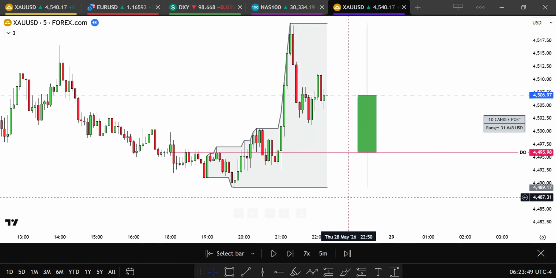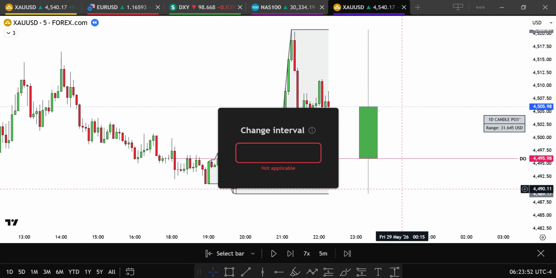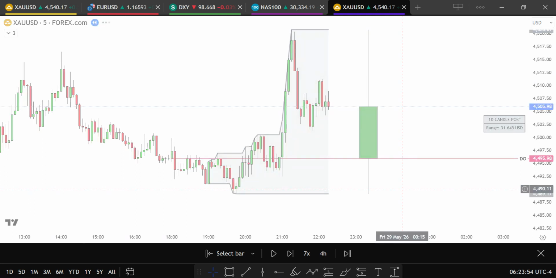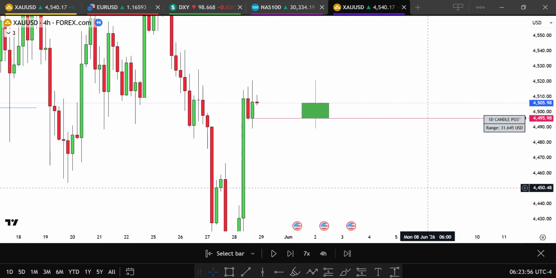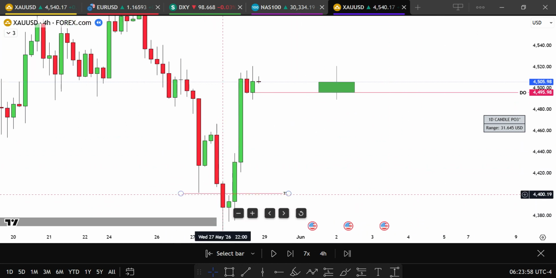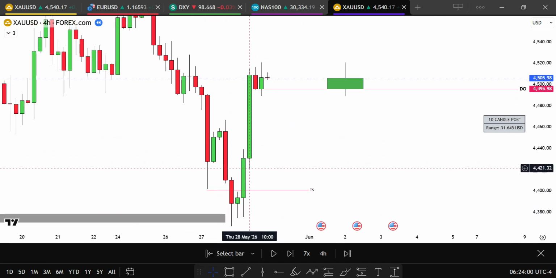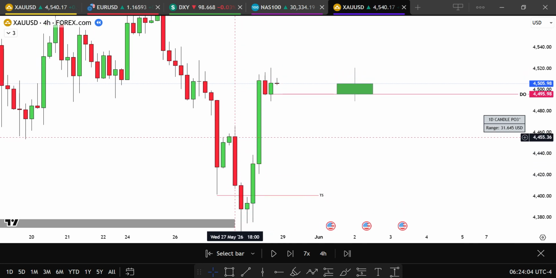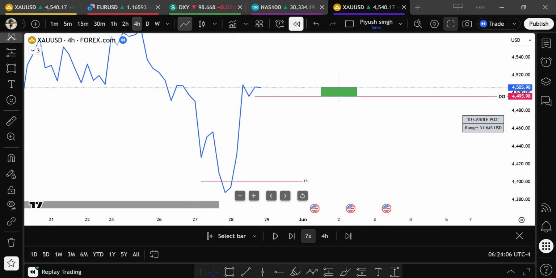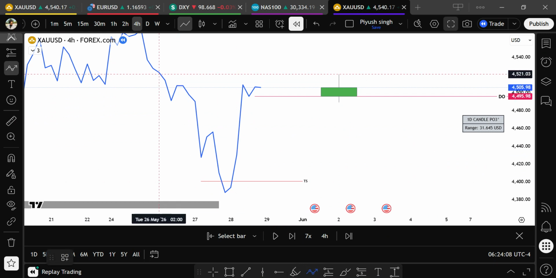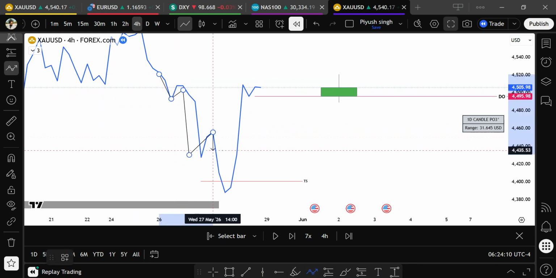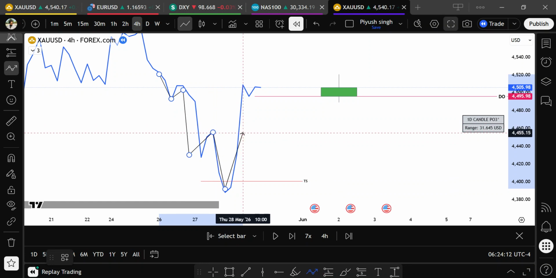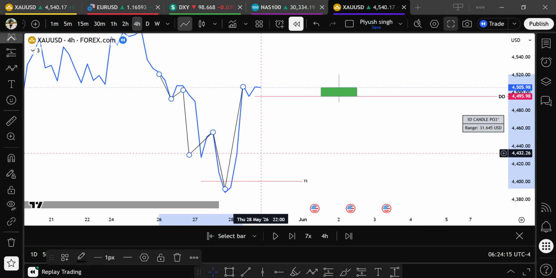So what we have to do, we have to understand multiple things. When you check the 4 hour time frame, here you can see this 4 hour candle closed bullish, perfect, and this candle closed above this candle low. When you check the line chart, you can see price creating lower low, lower high, lower low, lower high, lower low, and then price broke this high and closed above this candle low, right?